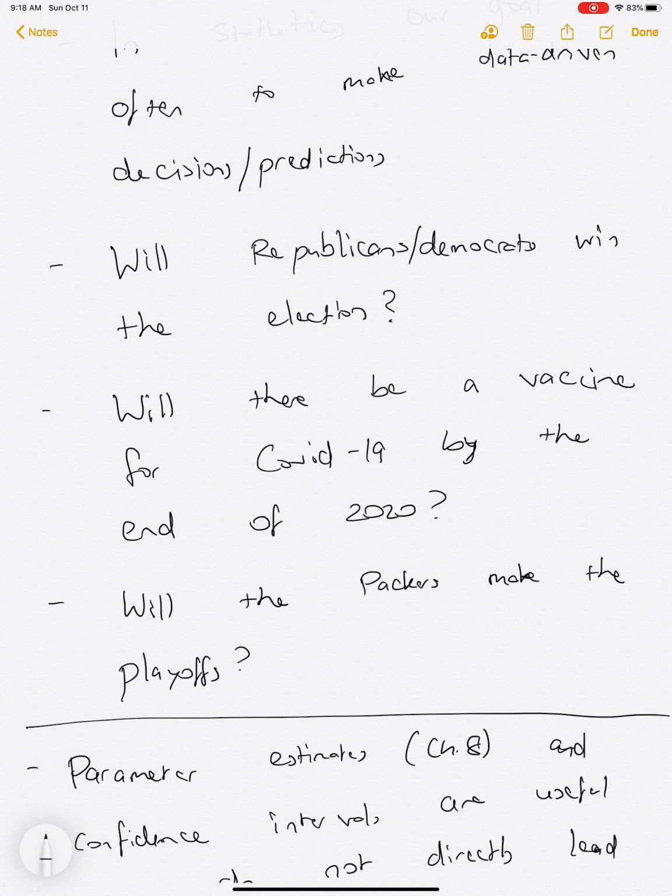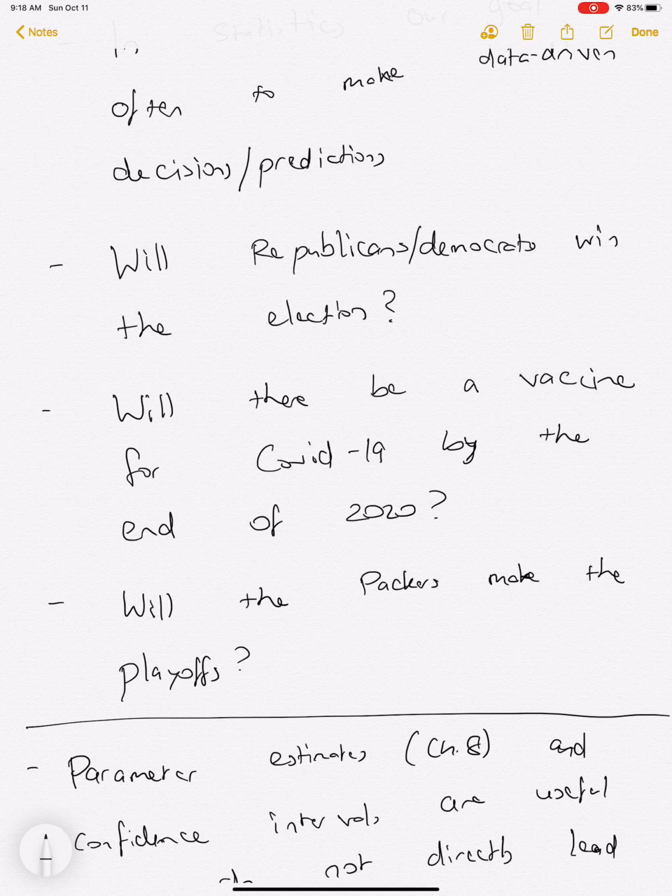Will there be a vaccine for COVID-19 by the end of 2020 or some other future date? That's another yes/no question. Another question associated with Wisconsin: will the Packers make the playoffs this year? That's another yes/no question that we'd ideally like to answer using data-driven approaches.